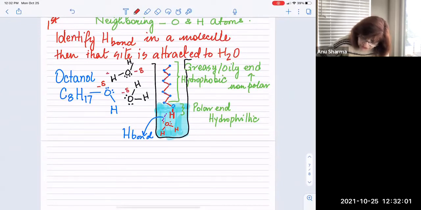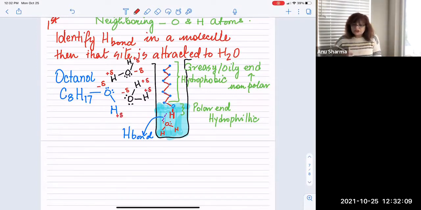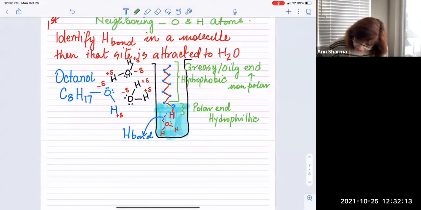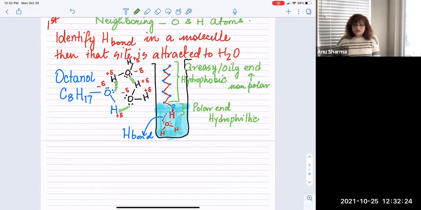Each of the hydrogens is delta positive. Then we have hydrogen and oxygen attracted to each other, so there is hydrogen bonding over here.